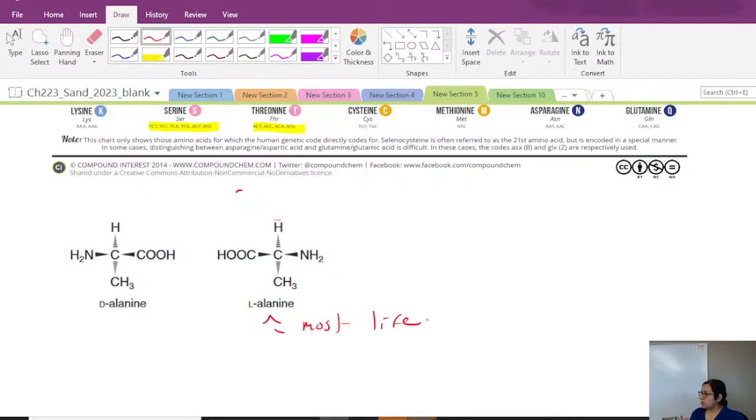Life all has a certain-handed chirality, and often in research they work on the other enantiomer, the D version, so you would make artificial peptides using the D version.